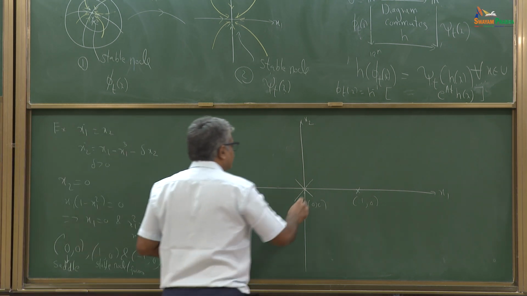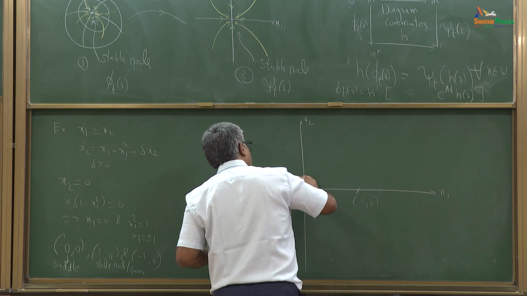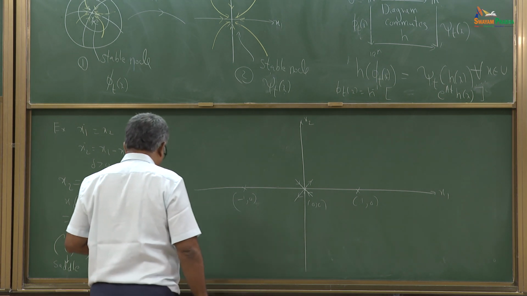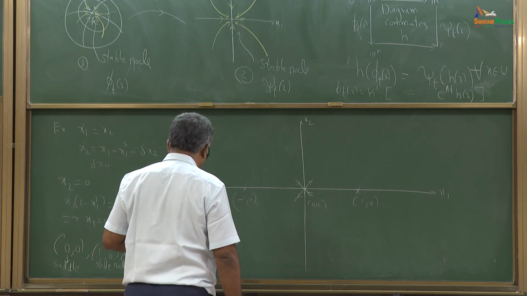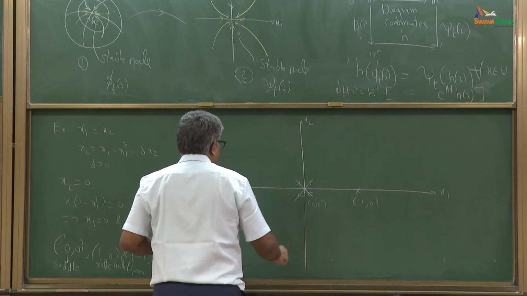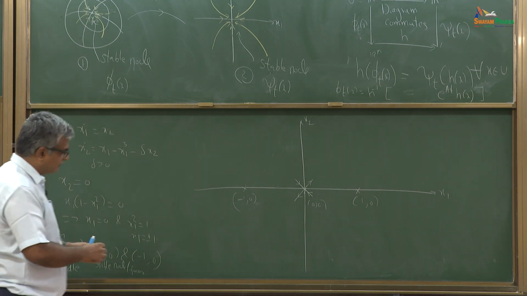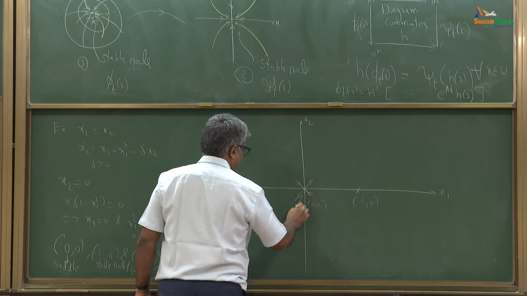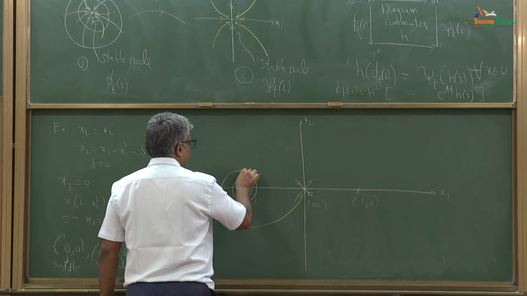This is the eigenvector corresponding to the unstable, positive eigenvalue, and this is corresponding to the negative eigenvalue, right? So what will happen? Even though I am not drawing the phase portrait, one can sort of guess what will happen. Say you perturb somewhere here, right? This trajectory will come and spiral and go here.